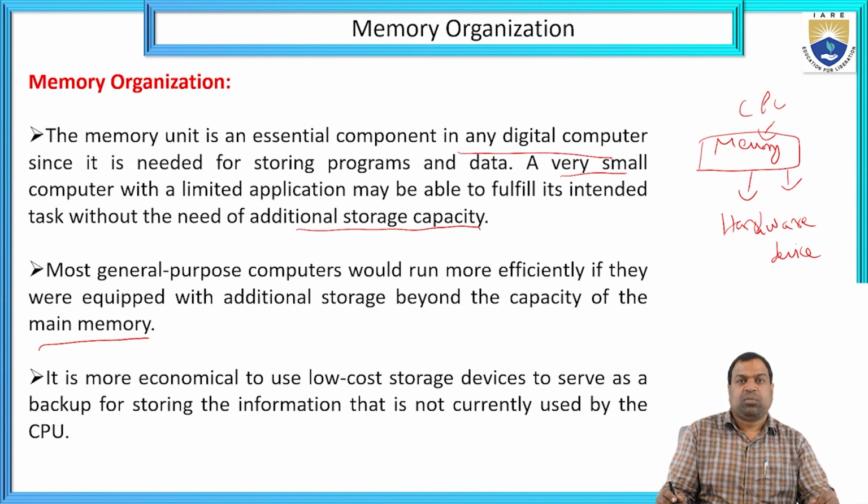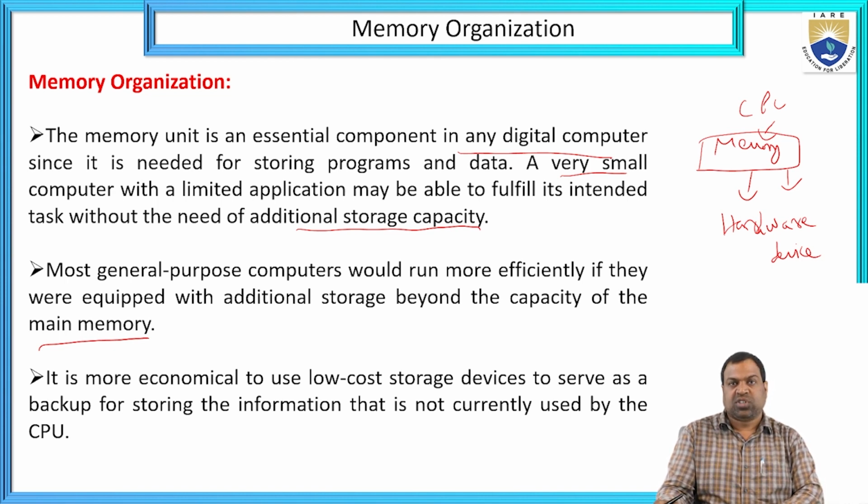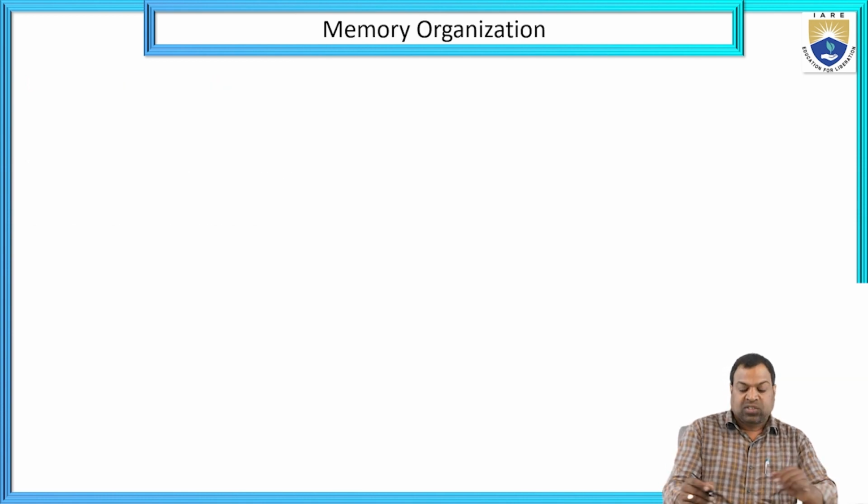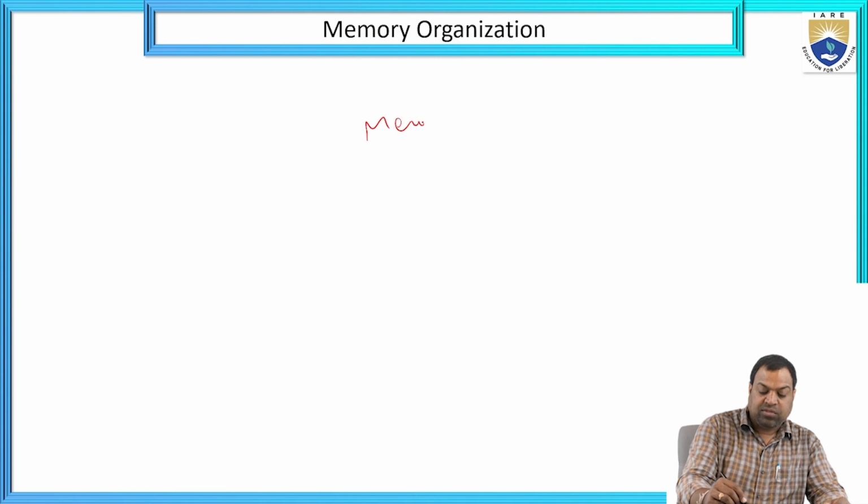It is more economical to use low cost storage devices to serve as a backup for storing the information that is not currently used by the CPU. Suppose I'm taking the memory.